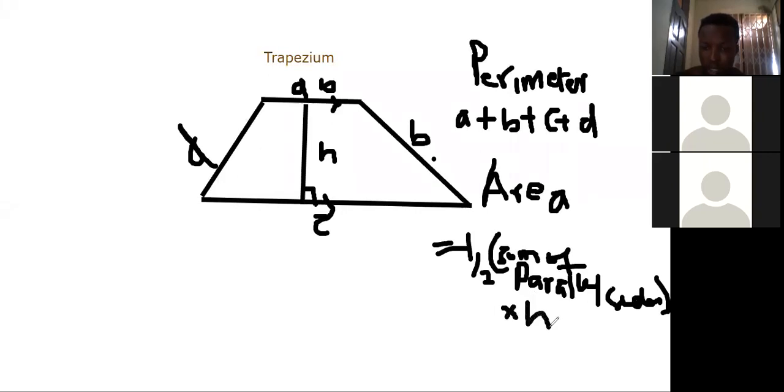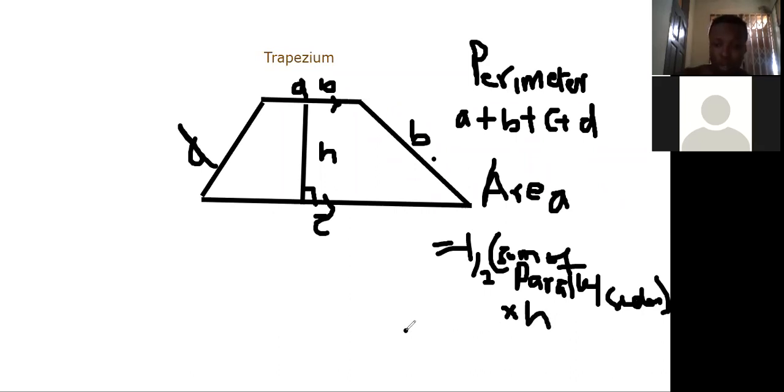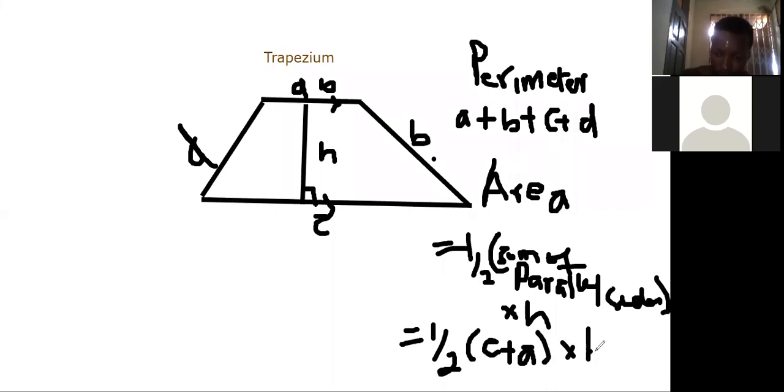This will be the same as half into bracket C plus A, times height. Normally when you're doing your physics motion, you've been using this formula. Are we okay?